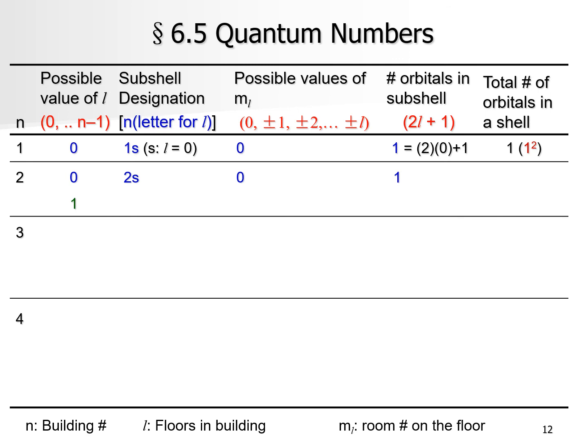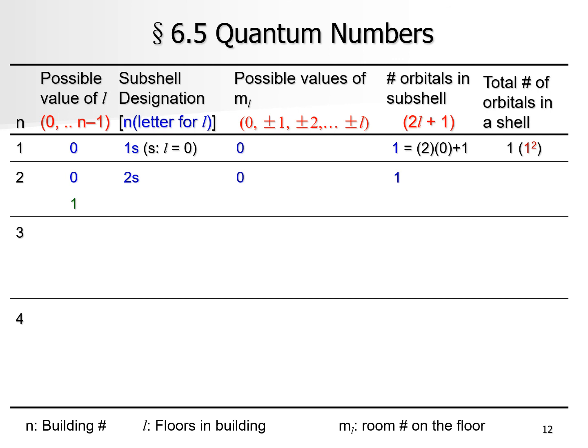What about m sub L? m sub L is just like the room number on the floor in that building. So for s, m sub L is always going to be 0, just like there is always going to be room 101 in every building.